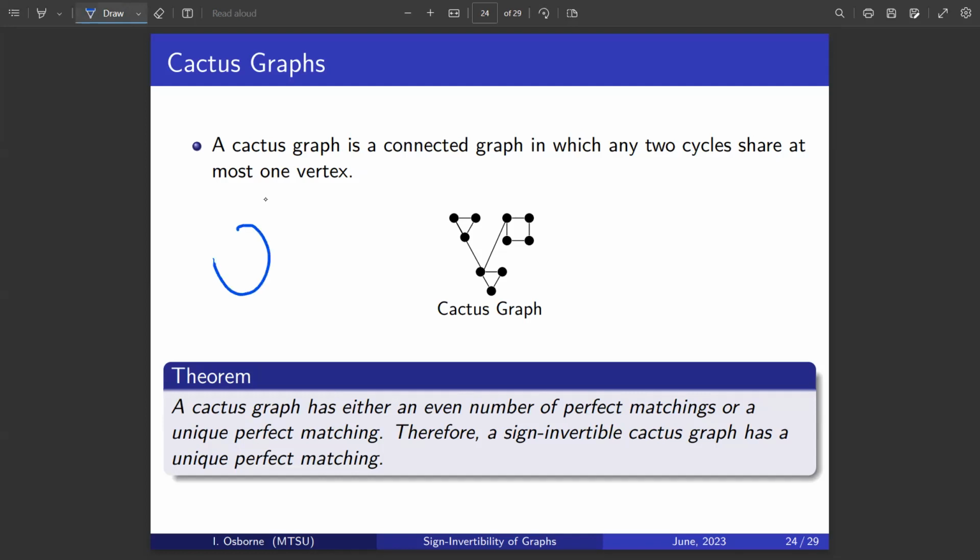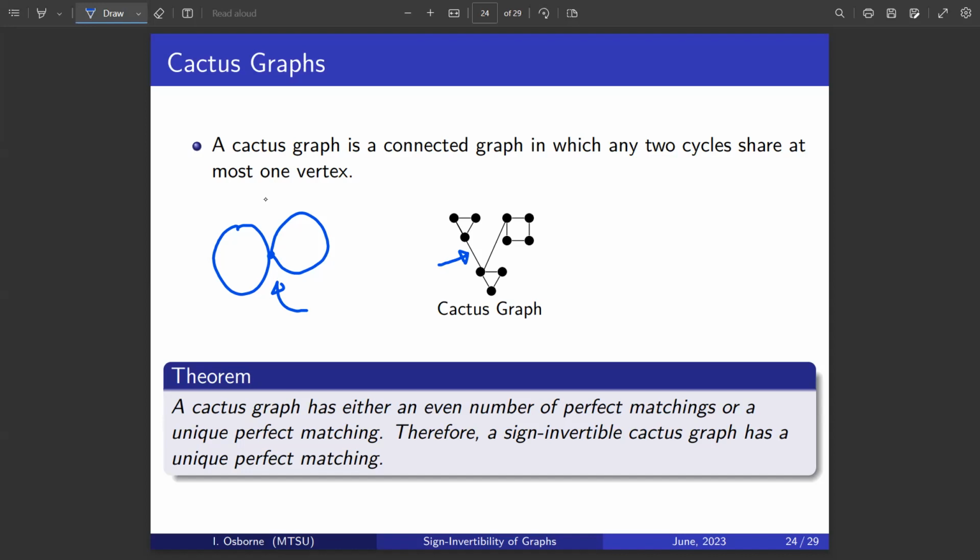So if you had 2 cycles, they could be joined at a vertex like this. What we're saying right now is that they are not similar to this one over here. I think that it should work. It should apply to this case where they do share one vertex, but we just haven't worked those cases out yet.